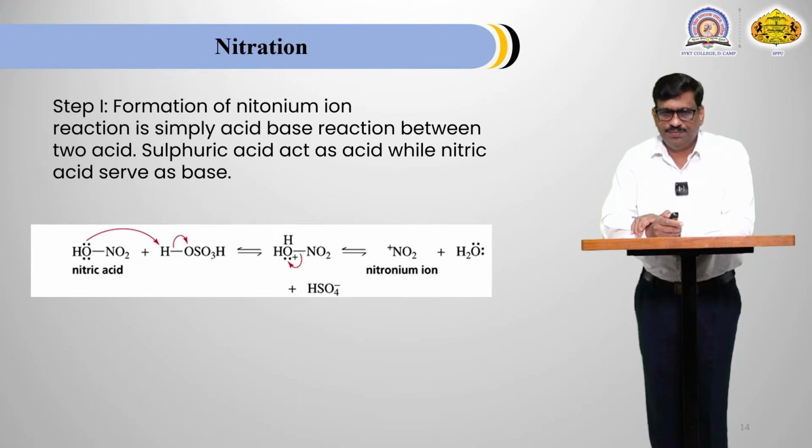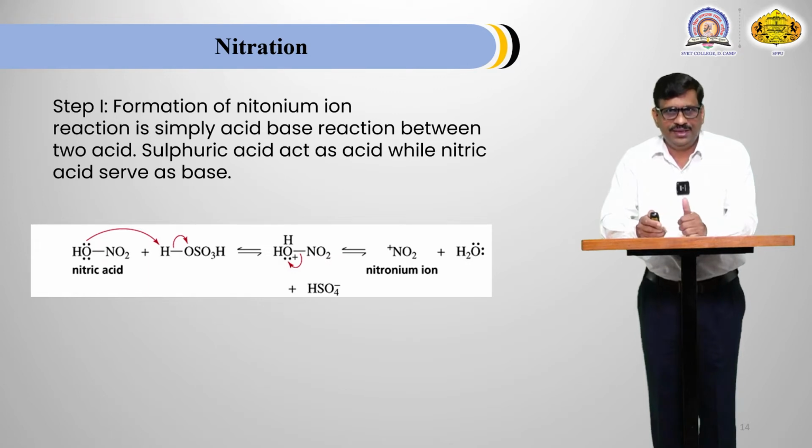One acid acts as base while the other acts as acid. In this case, nitric acid acts as base, it abstracts the proton, and sulfuric acid acts as acid, it donates the proton. The intermediate which is obtained loses water, and there is formation of nitronium ion. Hence, nitronium ion is generated from the nitrating mixture.